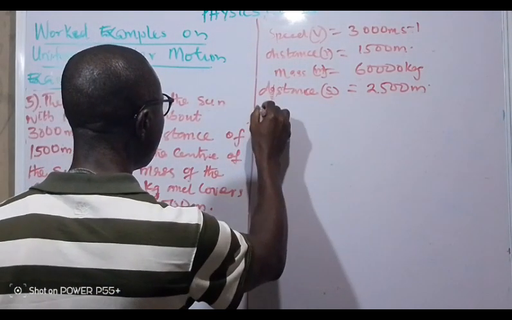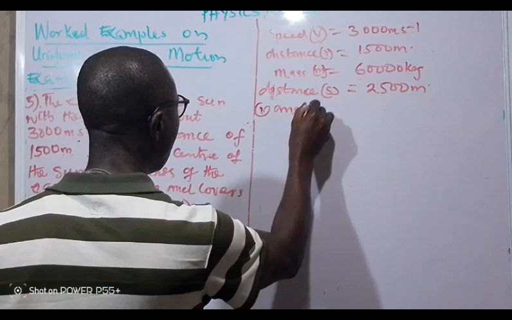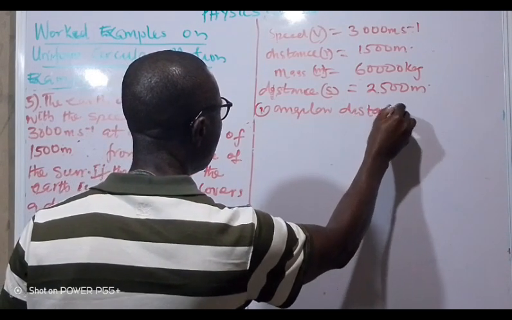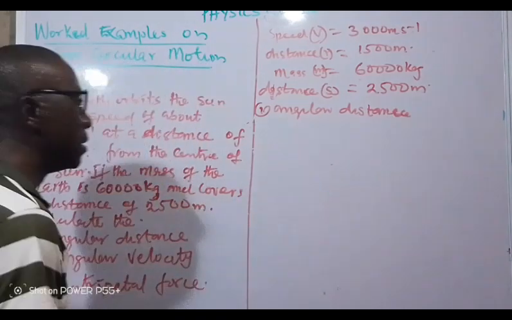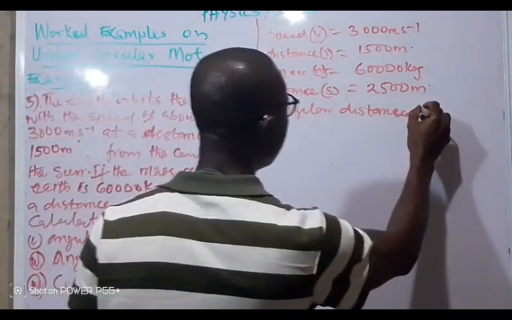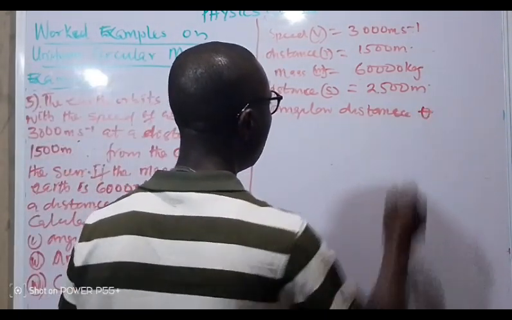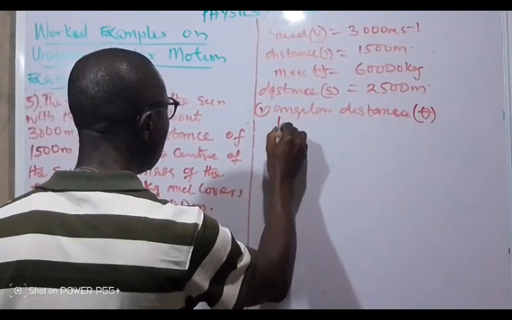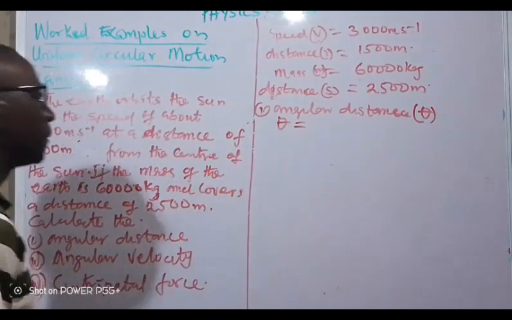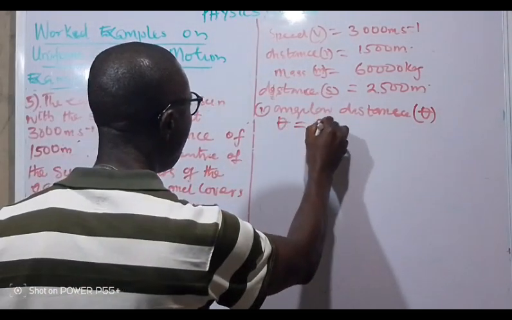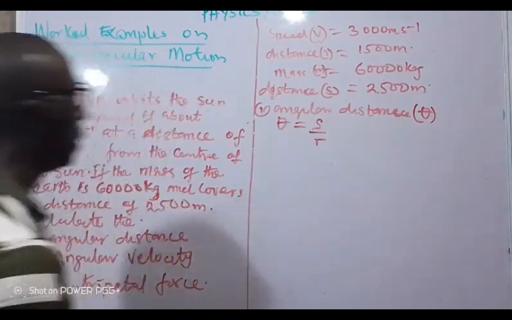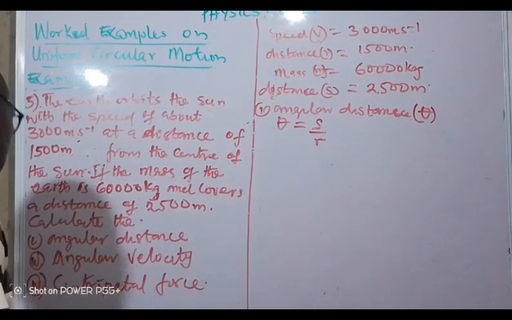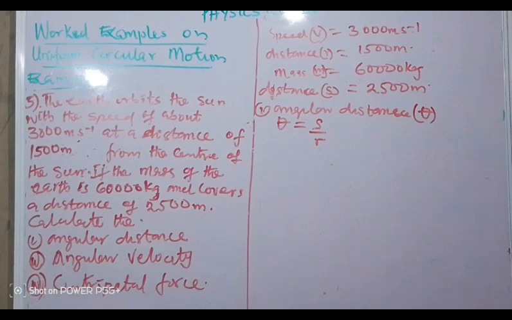The first question says to calculate angular distance. Don't forget, the angular distance also is the angle turned through, that is theta. And one of the formulas of theta given in our last lesson is theta is equal to s over r. s is given, that is the distance covered. r is given, that is the distance from the center of the Sun.